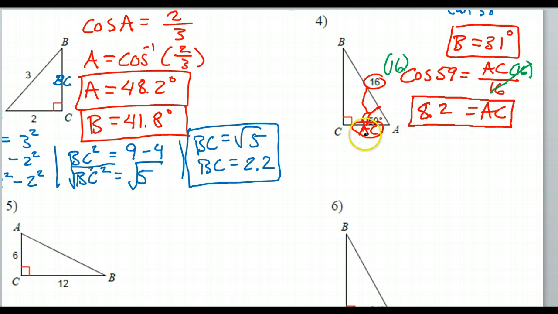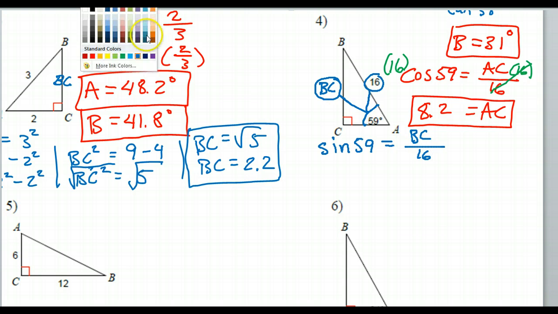So we found AC. Now we need to find BC. BC is right here. So looking at the angle and the BC that I want and the 16 that I've got, what I have is opposite and hypotenuse. That's the sine function. So I'm going to do sine 59 is equal to opposite over hypotenuse.